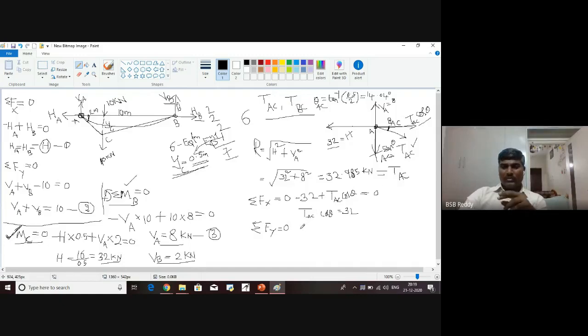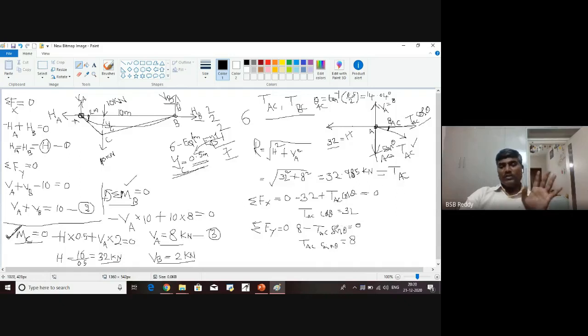So upward, if you take positive, 8 minus TAC sin theta is equal to 0. Got it? So now what is TAC sin theta? It is equal to 8.